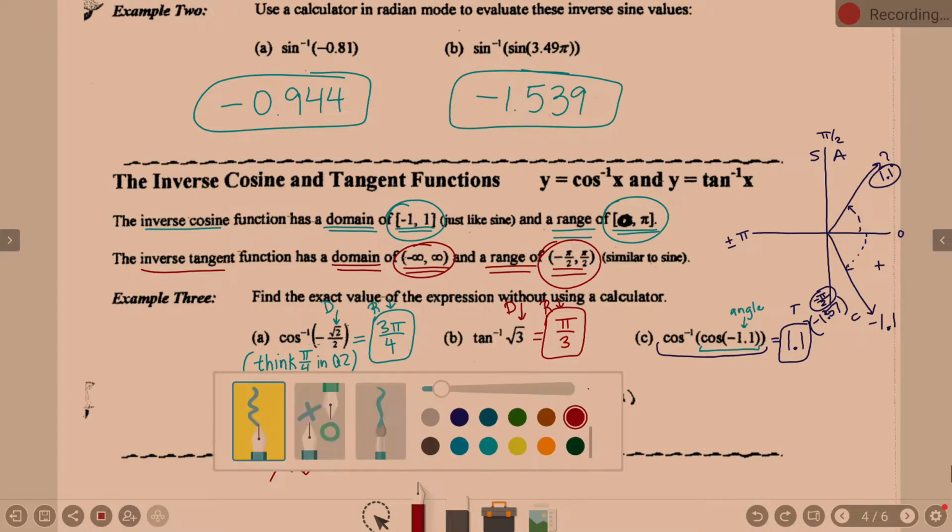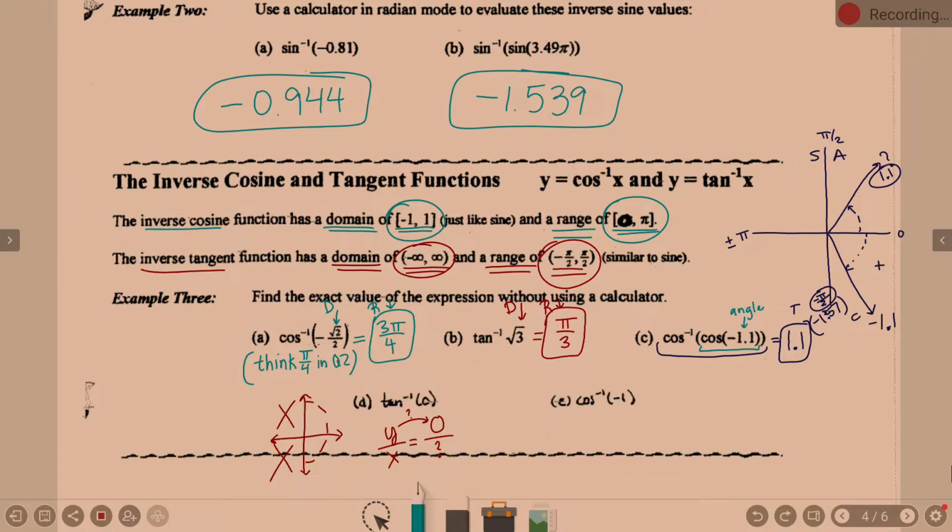My options could include what? At 0 degrees, that's 1, 0. At pi, that is negative 1, 0, yes? Those are the two places that tangent in general could equal 0.